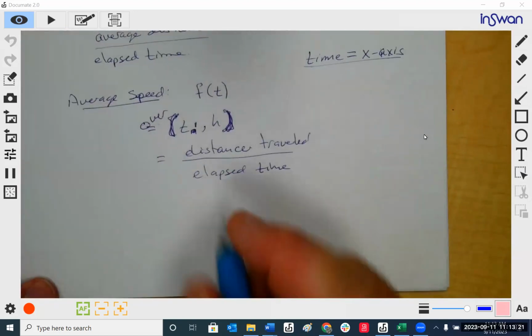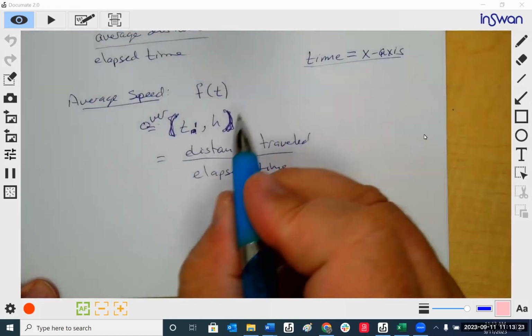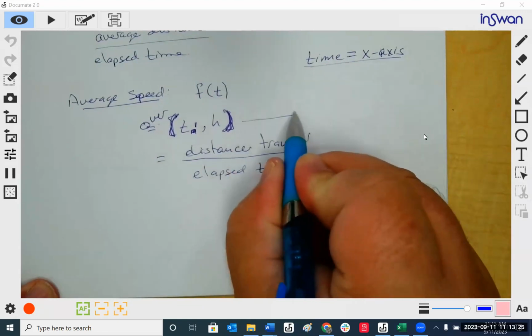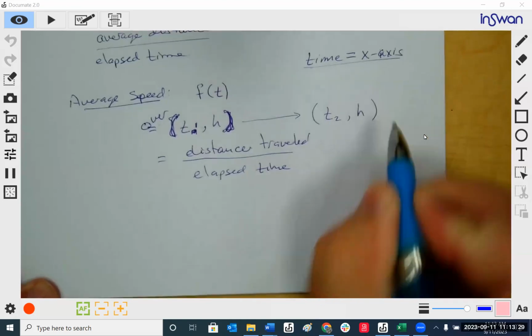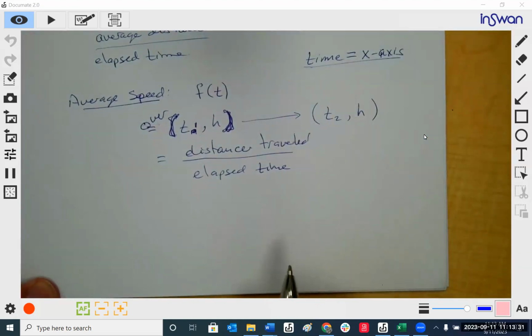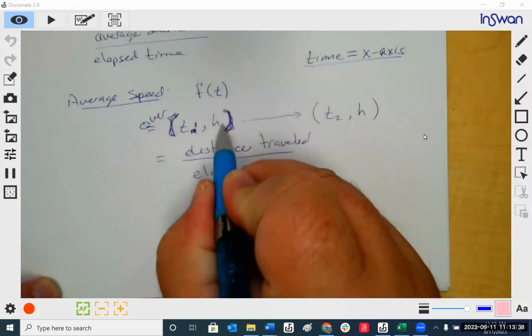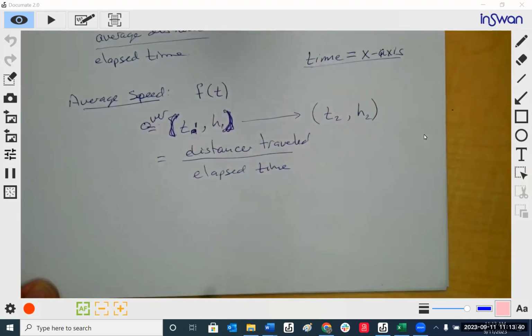Now, since we have two points, the beginning, the first point, and it goes on to another one, T2, H. H1, H2, because they're different heights if it's dropping.